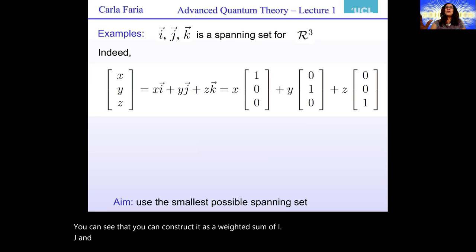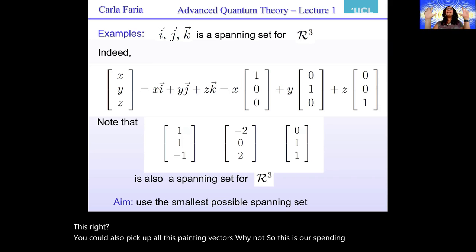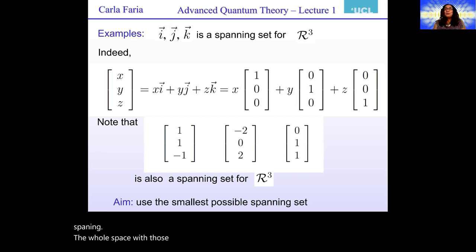But you could also use this, right? You could also pick other spanning vectors. Why not? So this is a spanning set. You're spanning the whole space with those vectors. But what we really want is to use the smallest possible spanning set.